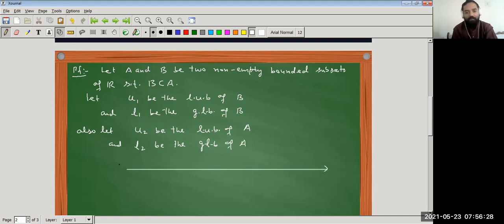This is our set of real numbers. We are taking this set A, and B is a subset of it, this is B. So here we take U1, that is LUB of B is equal to U1, and GLB of B is equal to L1.